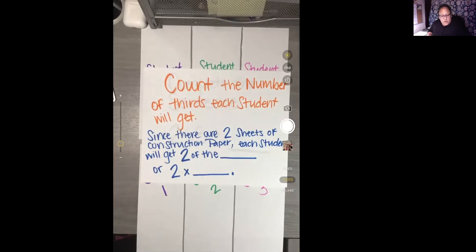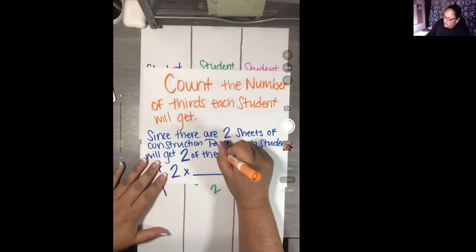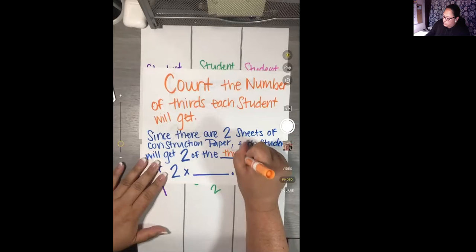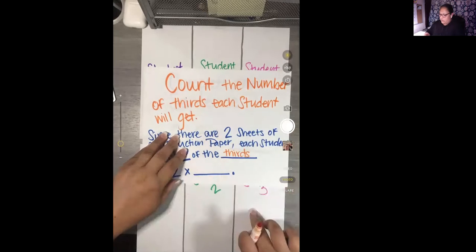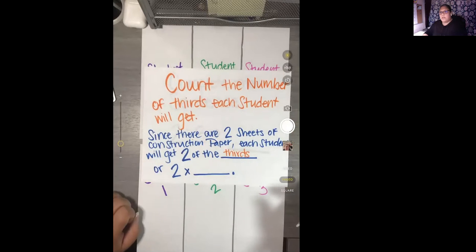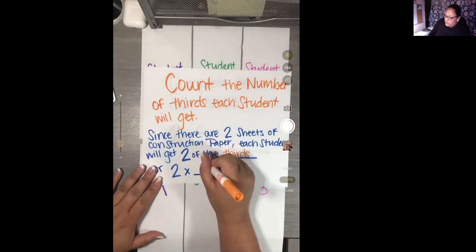So let's write that in orange. 2 of the thirds, or 2 times, because we have 2 pieces of paper, and since each piece of paper is broken up into 1/3, it'd be 2 times 1/3.